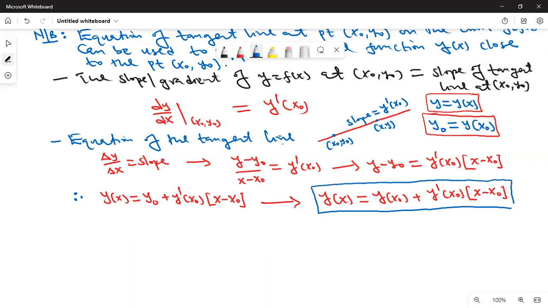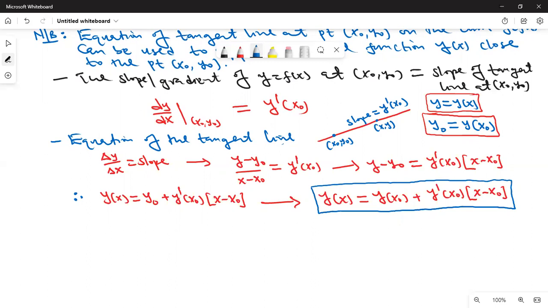This is what you are calling Taylor series expansion of the function y of x about the point x naught, but you truncate up to the first order term, first order Taylor series expansion of that function about the point x is equals to x naught. So that's the formula we are going to be using in linear approximation.